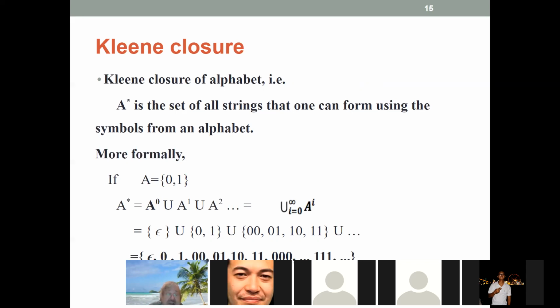I would get her a lovely present, but it might be a week after Christmas. So on Christmas Day, I would give her a beautifully wrapped box, but there'd be nothing in the box. So I'm giving her the empty box with beautiful wrapping paper. So that's like the set containing epsilon. I'm giving her a gift, but the gift has nothing inside of it.